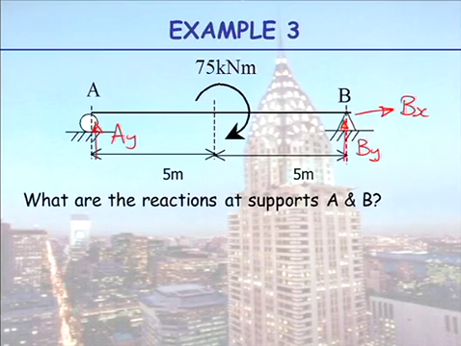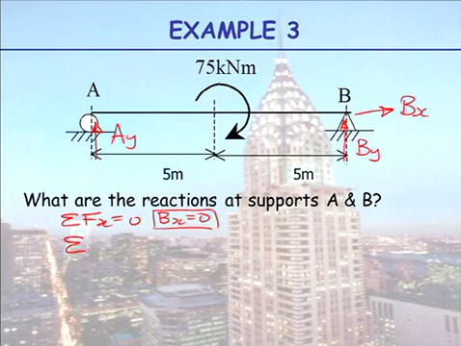For this to be in equilibrium, let's do it first, forces in the x direction, that's an easy one. All the forces in the x direction equal 0. It's not moving sideways, Bx therefore equals 0. All the forces in the y direction equal 0. People say, what do I do at the moment? It's not a force in the y direction, so it doesn't enter the equation.